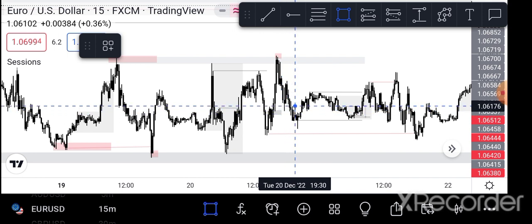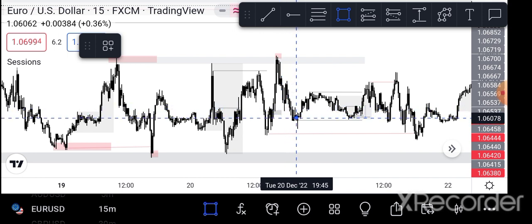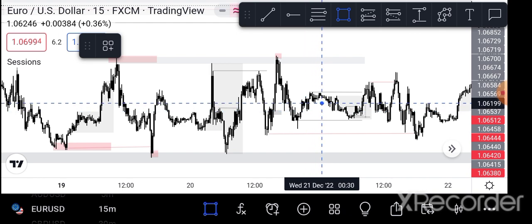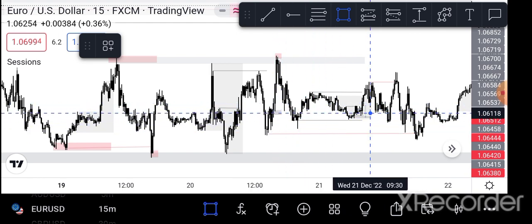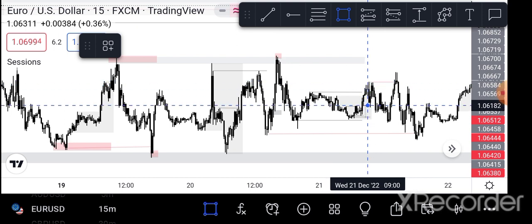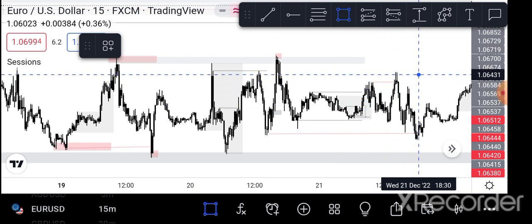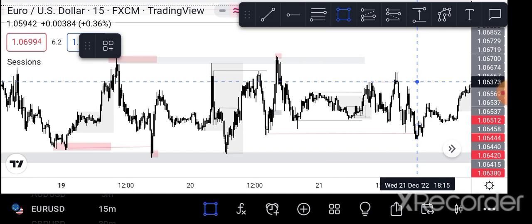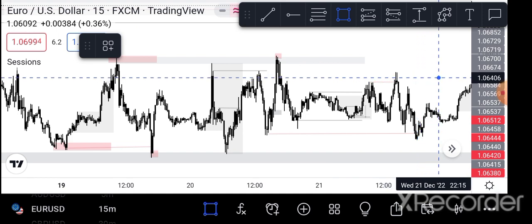Now you can clearly see the time, 1945. This is clearly midnight, so you should not be on the chart here. Then this is the next day, and this is another midnight again, but let's not go into that.